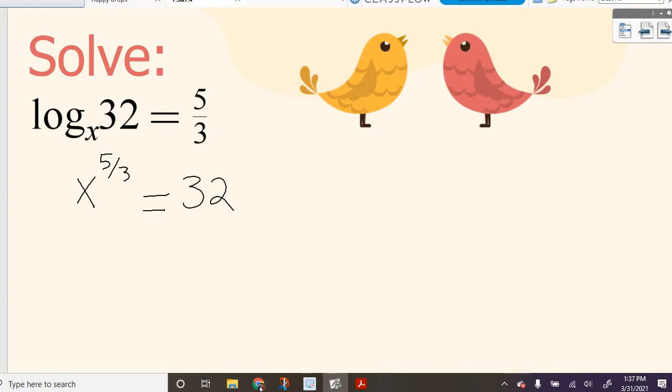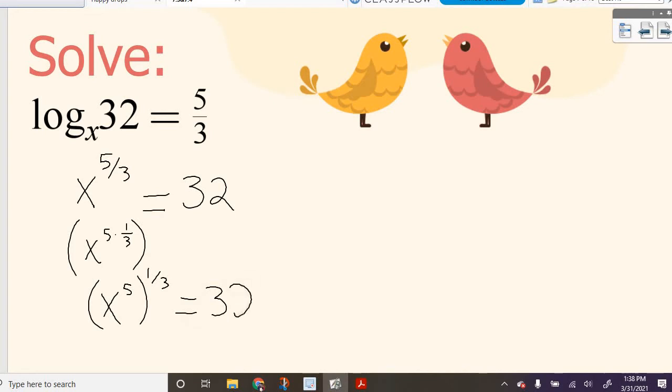And from here, it's just going to be any of our other types that we have. Whenever we raise something to a power, we need to undo that power. So we have two things going on here. So again, I'm going to break this apart into 5 times 1/3. That way we only have to deal with one of those exponents at a time.